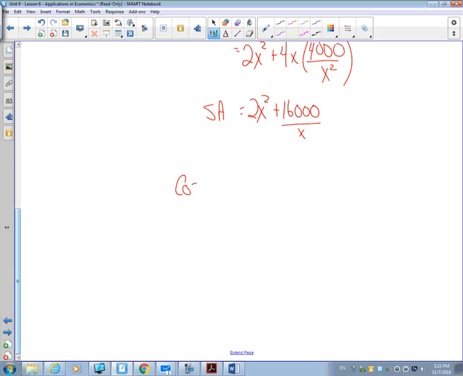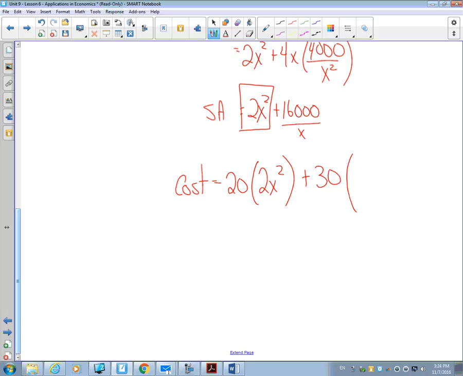So our cost, what do we know about our costs? For the top and the bottom, it costs $20 per meter squared. Well, the top and the bottom is this piece. So I need $20 for every meter squared of use of that. Plus, I need $30. It was 30, wasn't it?